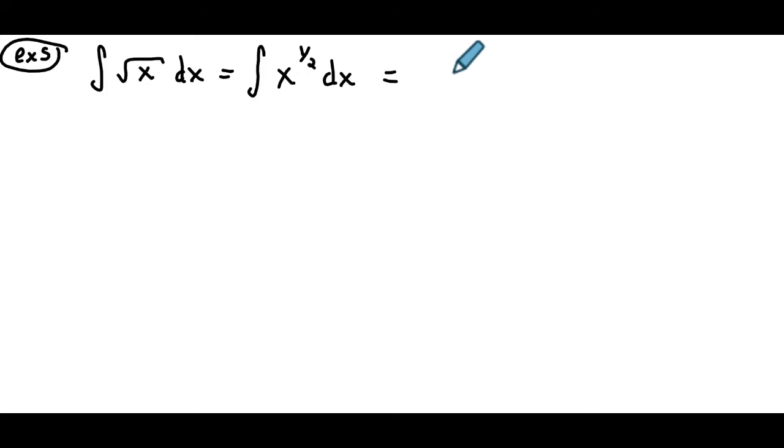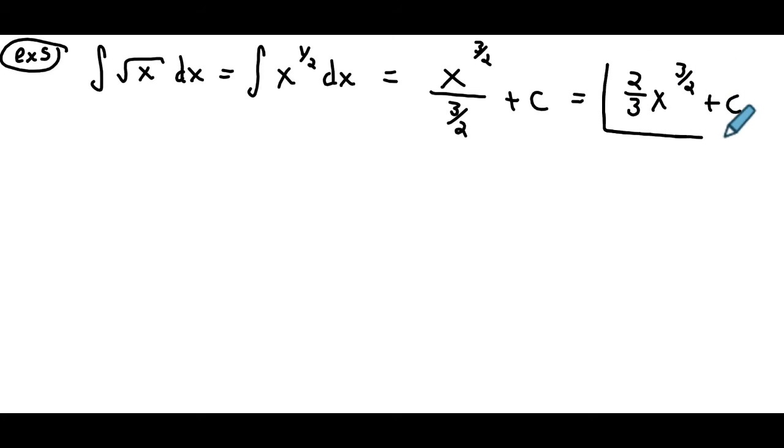Then I'd use my power rule. So I would add 1 to my exponent. So 1 plus 1/2 is 3/2. And then I would divide by that new exponent. So that would give us 2/3 x to the 3/2 plus c, which would be the antiderivative of the square root of x.